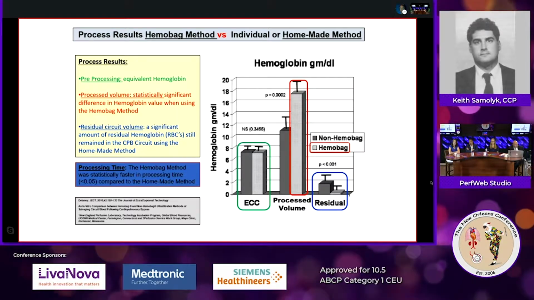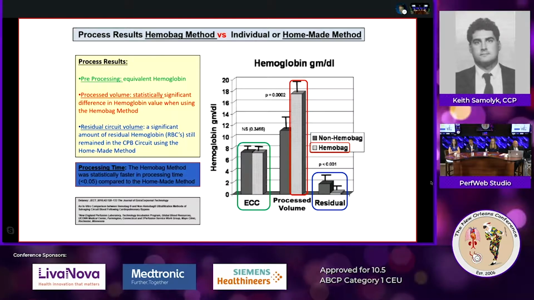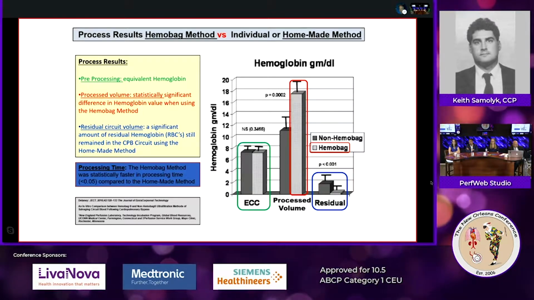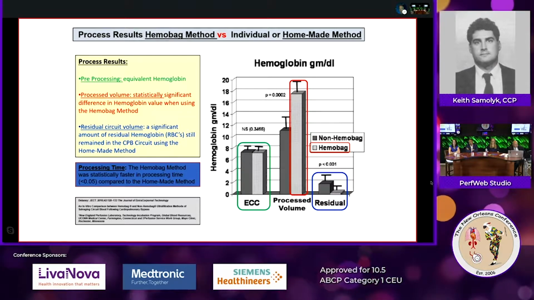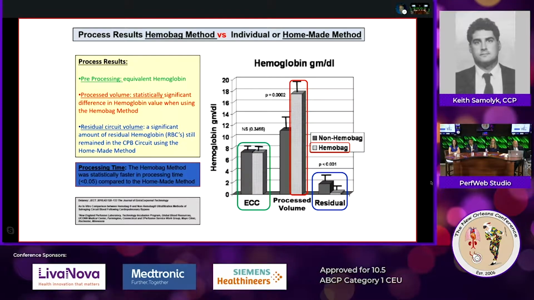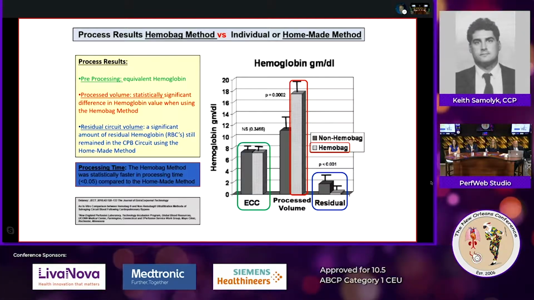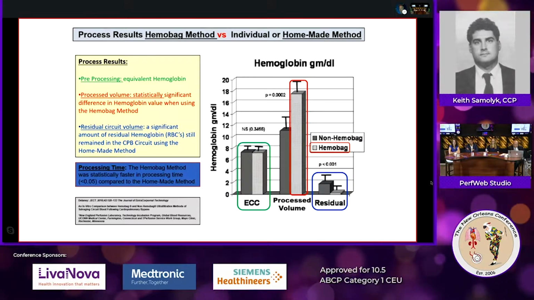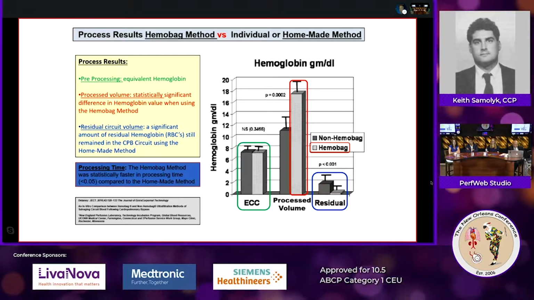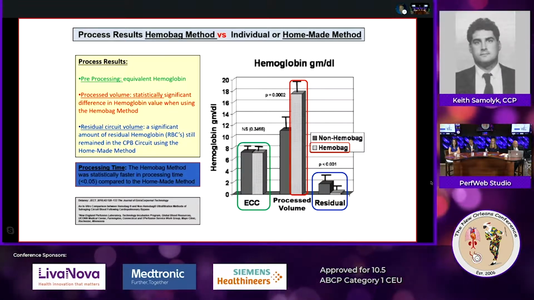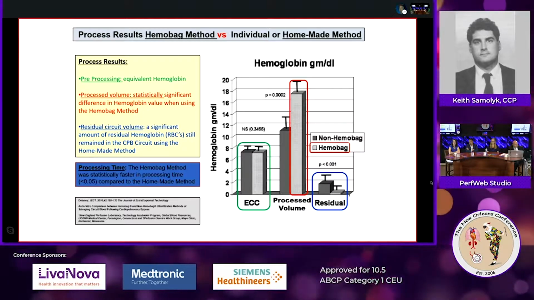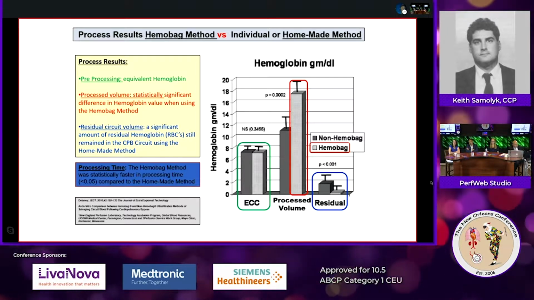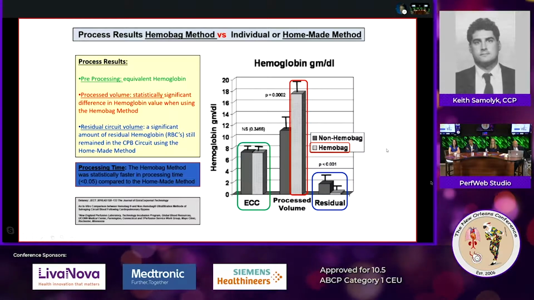And you can see from the green on the right side, the green started off the same, but at the end, it was a much higher concentration of hemoglobin with the Hema Bag version. And at the very end, when we drained the circuits, everybody said stop, and we drained the circuits. What blood was left in the circuit? The non-Hema Bag version always had a crit of about 6, and the Hema Bag didn't have, it was negligible. And also it was much faster with the Hema Bag version as well.